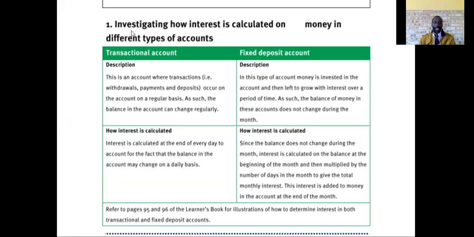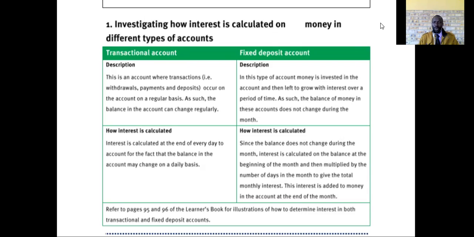Under banking, the first thing we will be looking at is investigating how interest is calculated on money in different types of accounts. This is very important for you to understand because the money charged each time you withdraw from a bank or ATM is an indication of the interest.